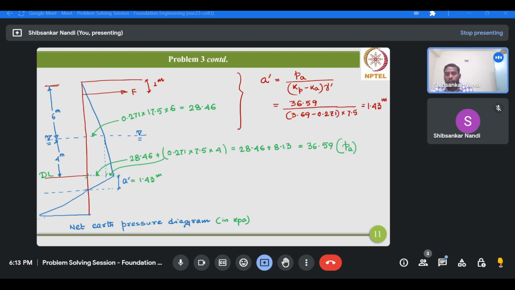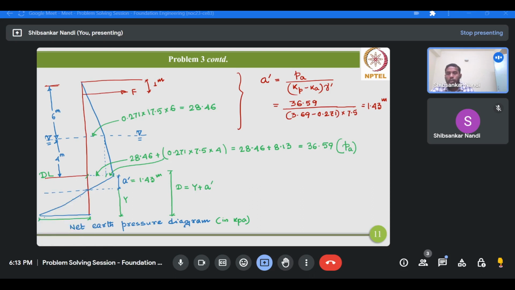Now, this net earth pressure will go on increasing on the left hand side. Now what will be the final value at the base? For that we'll introduce a variable Y. This is the height of this triangular distribution, and this is the total depth of embedment D, that is I plus A prime.